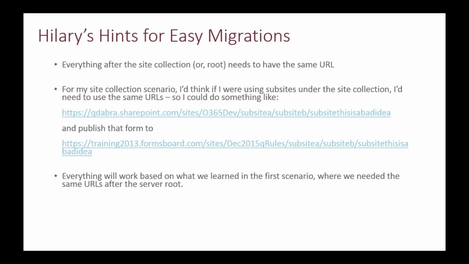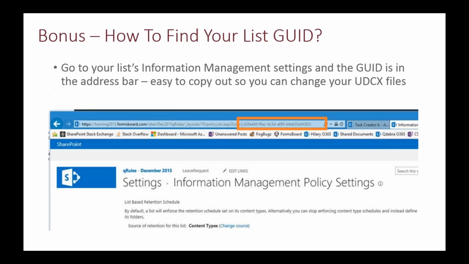Same, you want the same structure in terms of if you're down 3 levels on subsites for some heaven-forsaken reason on your production, if that's how it has to be in prod, that's how you want it in test. So keep that structure, keep the levels the same. If you're down 3 subsites, stay down 3 subsites. Subsites have to stay the same URL. Site collection can be different, or server root can be different.